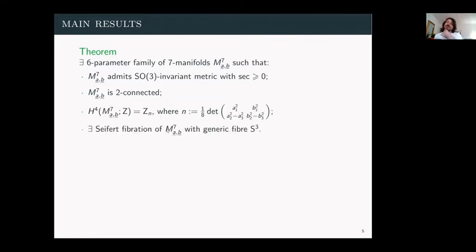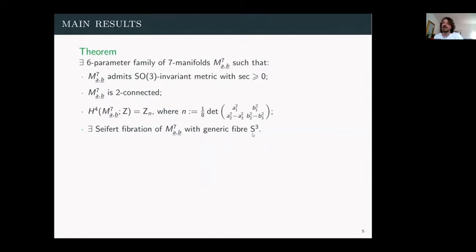And these manifolds all admit a Seifert fibration with generic fiber S3, where the leaf space is an orbifold S4. So in some sense, they're orbifold S3 bundles over S4, and the orbifold singularities are pretty mild. So remember I told you in this cohomogeneity1 picture for S4, the singular orbits are RP2s. The exact same thing happens here.